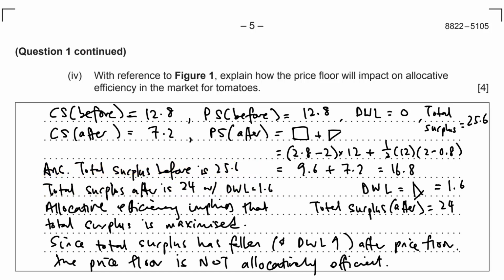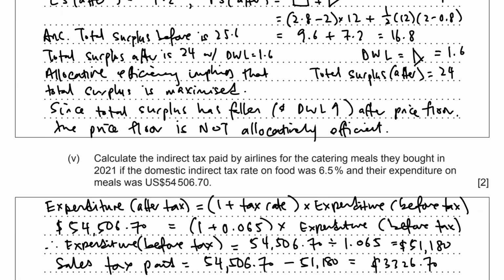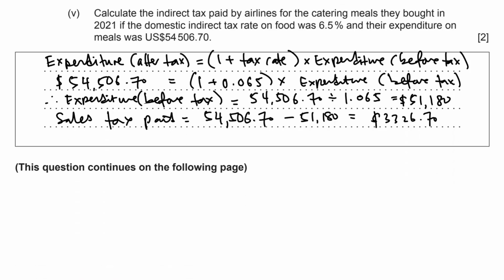Okay, so let's move on to part 5. Part 5 is asking us to calculate the indirect tax paid by the airlines for the catering meals they bought in 2021 if the domestic indirect tax rate on food is 6.5% and the expenditure on meals was $54,506.70.